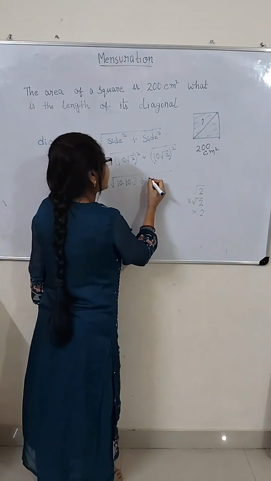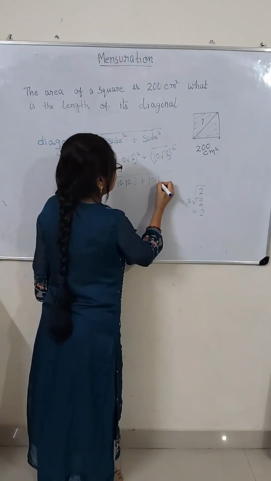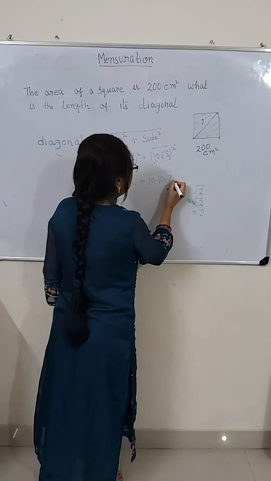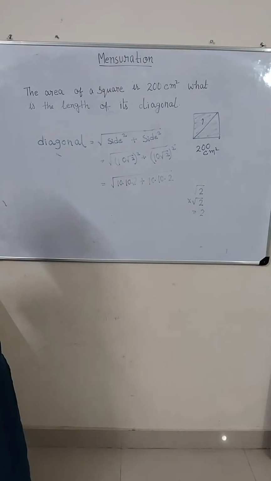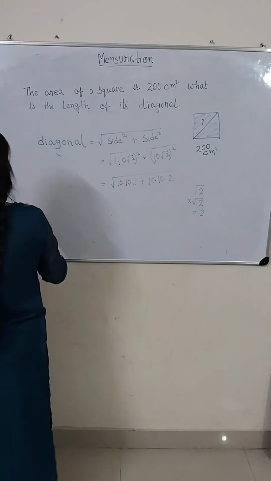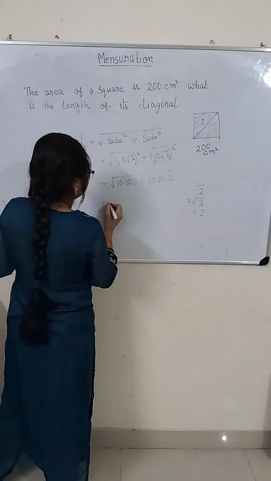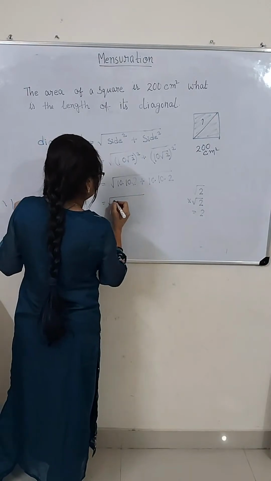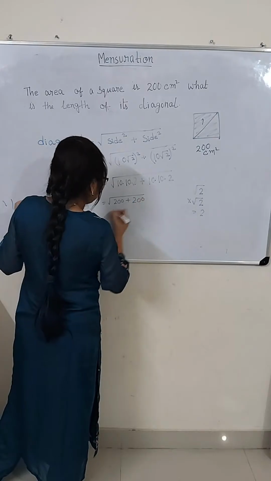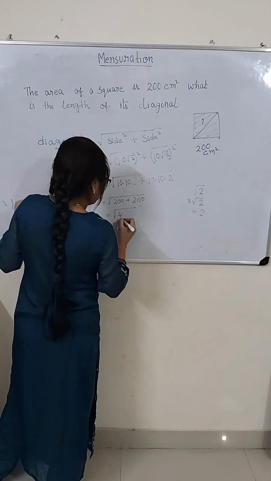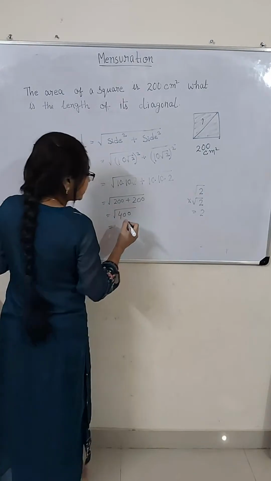Then plus the same 10 into 10 into 2. Plus 200, 400.